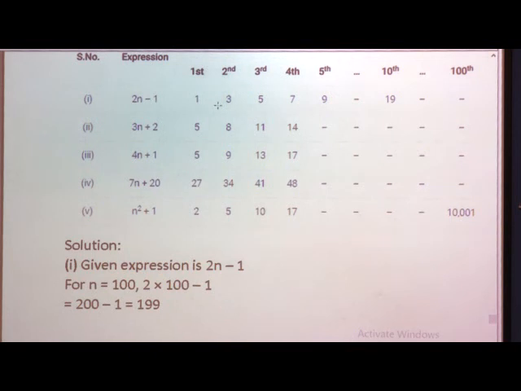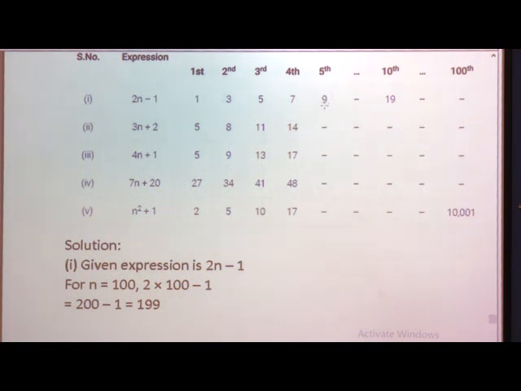In a similar way, we have to find out for another expression, n plus 2. Again we will substitute the values n is equal to 1, n is equal to 2, n is equal to 3 and we have to find out the step. Many terms are given to us, we just have to find some terms which are given to us.